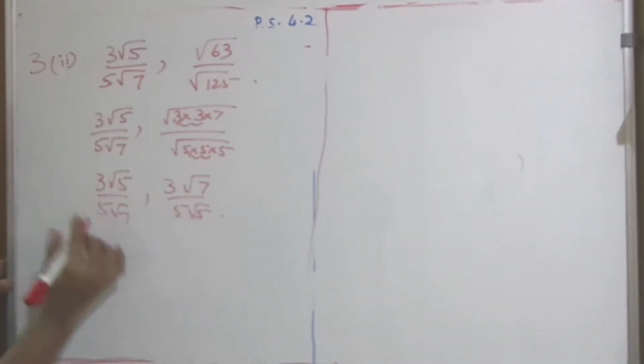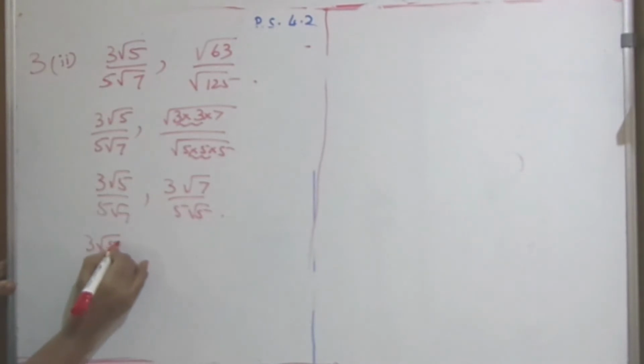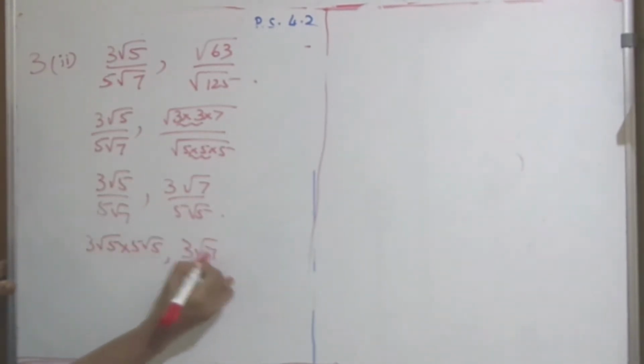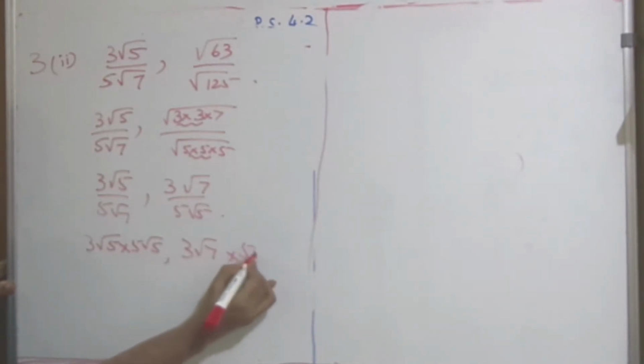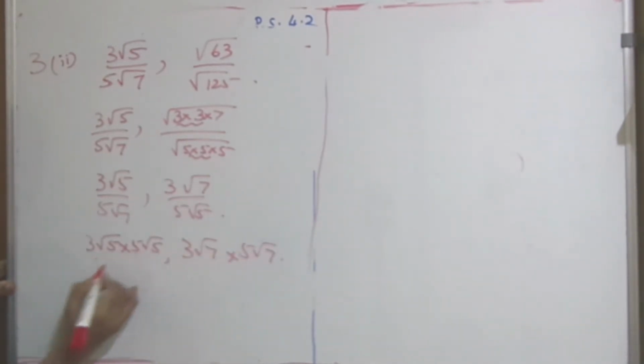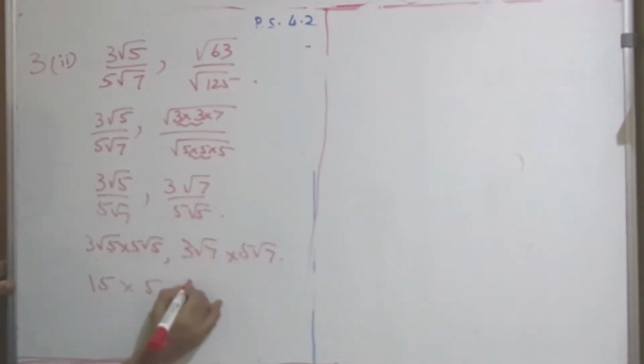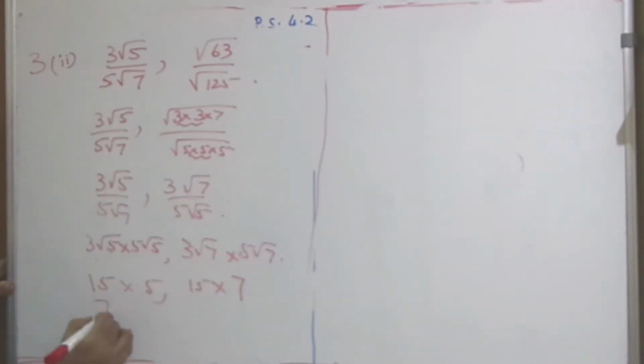Okay, now you have to cross multiply, already taught to you, to find out which is bigger and which is smaller. 3 root 5 into 5 root 7. When you multiply, you get 3 5s are 15. Root 5 into root 5 is 5. Again here 3 5s are 15. Root 7 into root 7 is 7. 15 5s are 75. 15 7s are 105.